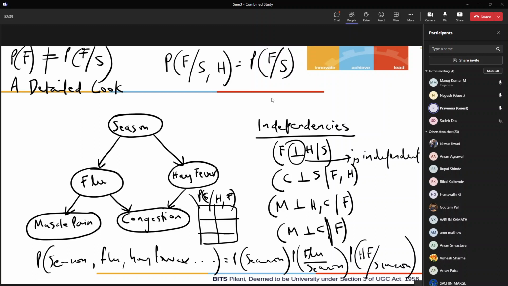If we find a particular feature is independent of another feature, then we don't have to think about the dependence of that feature on the other. Exactly, if we have already identified that feature one and feature two are not dependent, then we don't have to look at the conditional dependence of feature one on feature two or vice versa, because we already know that they are independent.